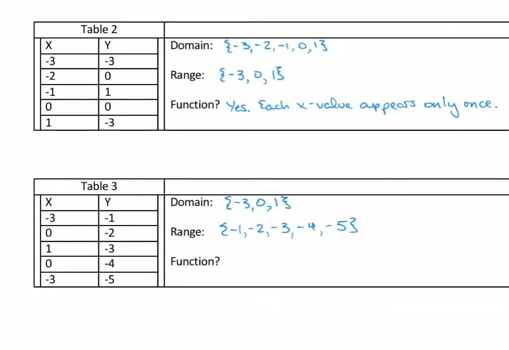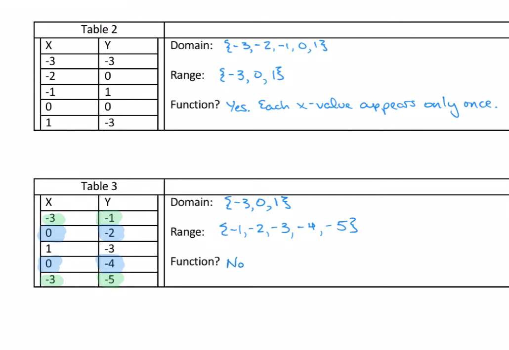The answer is no, this is not a function, because -3 is being mapped to 2 different y values. This is not allowed in functions. Similarly, 0 maps to 2 different y values. This is not allowed in a function.